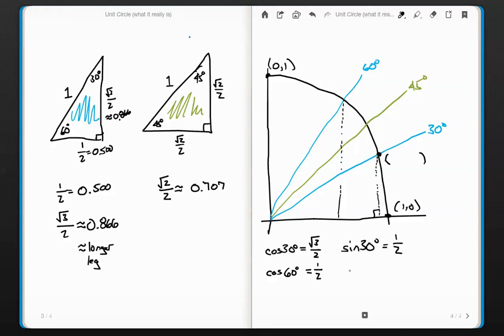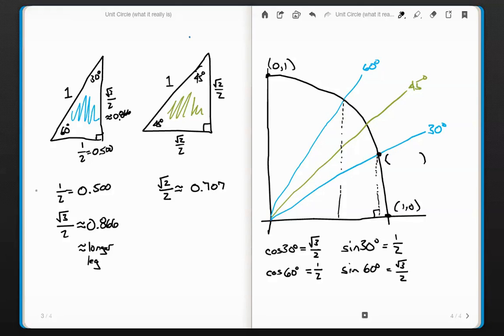And the sine of 60 degrees equals, let's see, the sine is the y-coordinate, right? The y-coordinate in this case is the long leg of a 30, 60, 90 triangle, which is √3/2. All right.